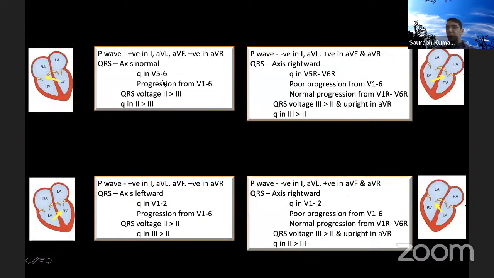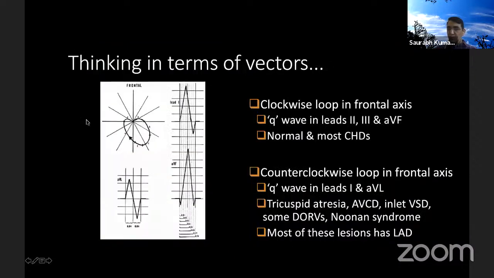And this is the summary of how different cardiac positions will give us different ECGs. Now, this is not particularly important in diagnosing the heart disease specifically, but it tells us what is a likely situs. And then it also tells us about the ventricular arrangement by looking at the Q waves, and I'll come to that.